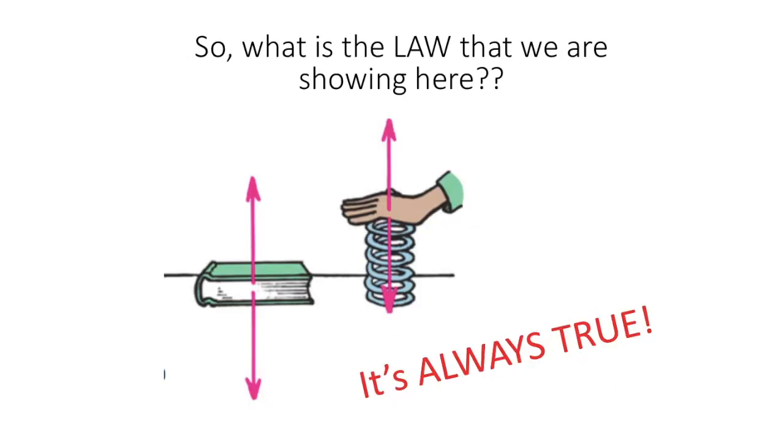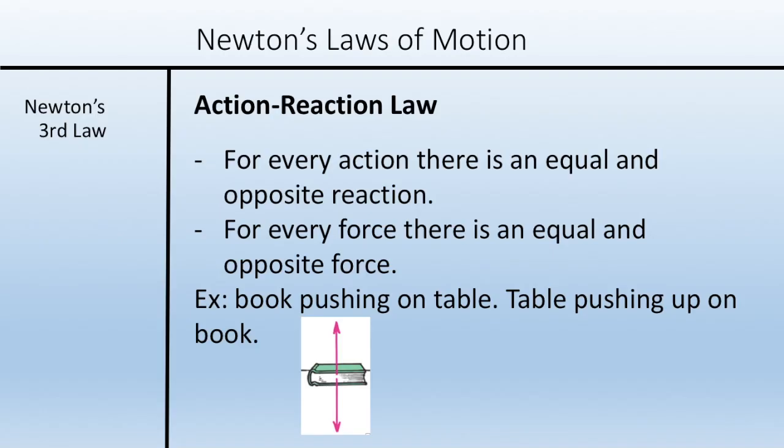So what is the law that we're trying to show here? The book sitting on a table, equal amounts between normal force and gravity, and a spring being pushed on downwards by a hand, equal and opposite forces. This is always true. Right now, what we have just talked about is Newton's third law, and this is also known as the action-reaction law.